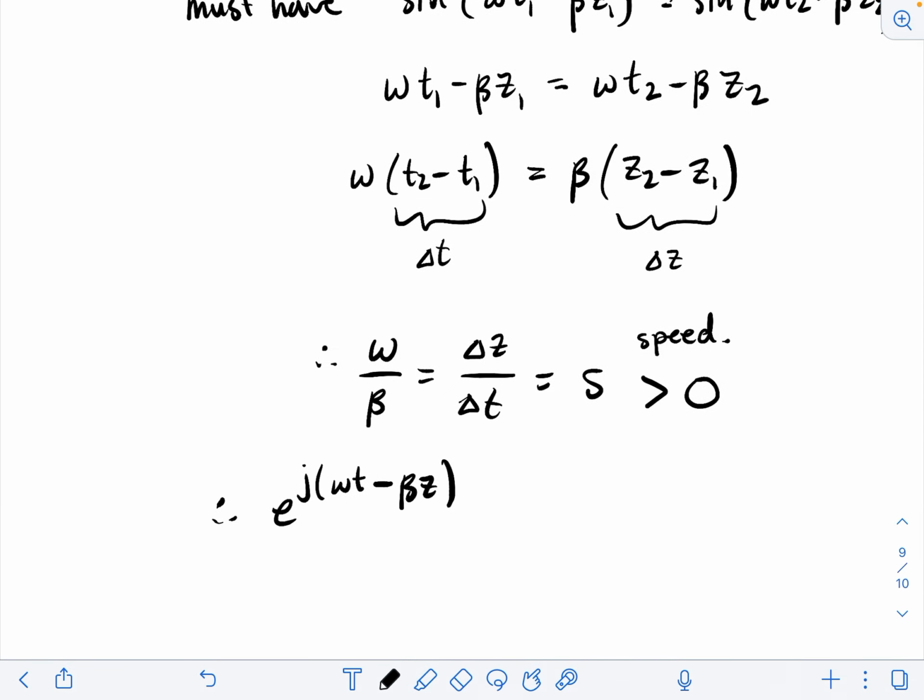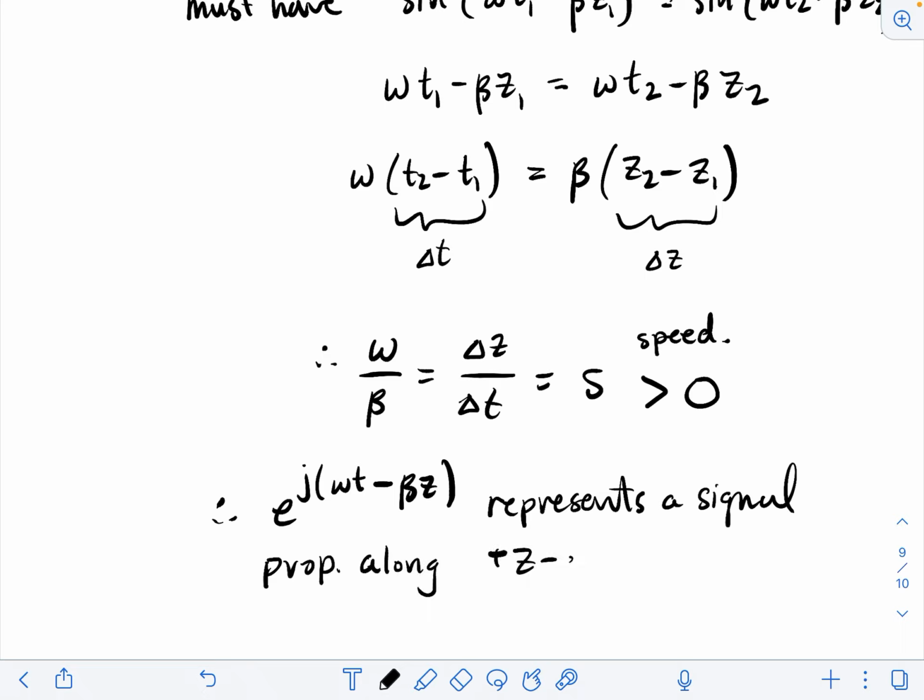So this represents a signal propagating along the positive z direction with a speed S equal to omega over beta.